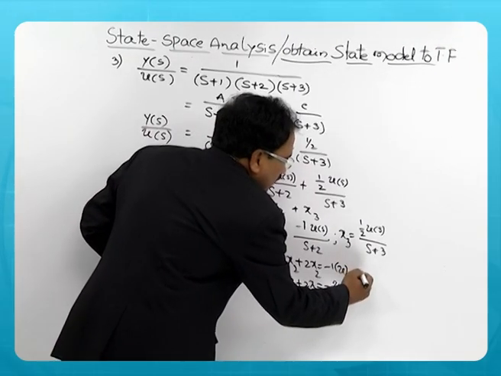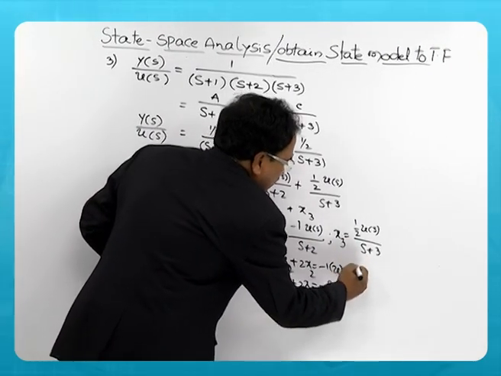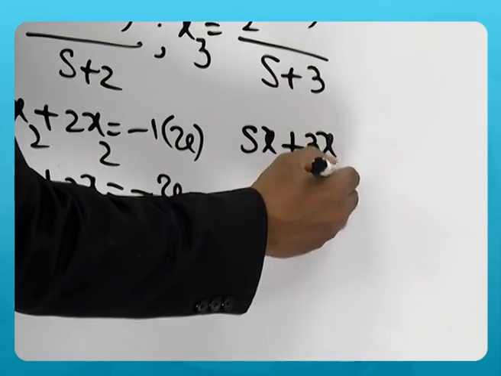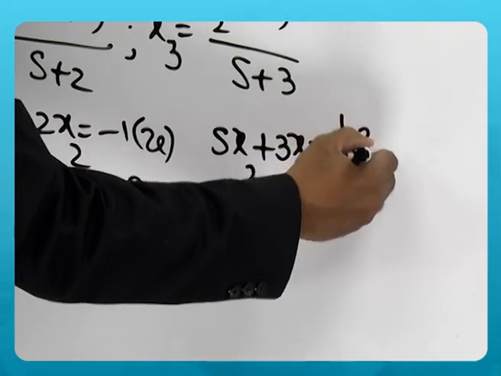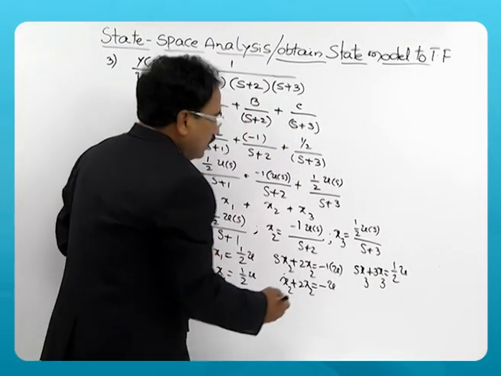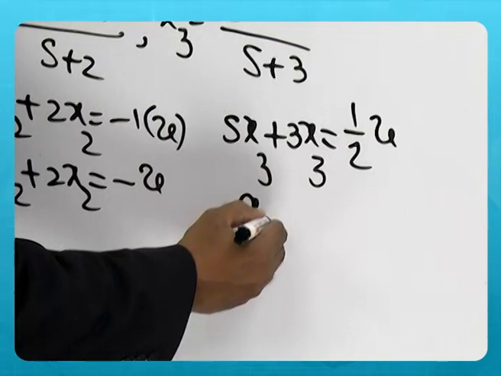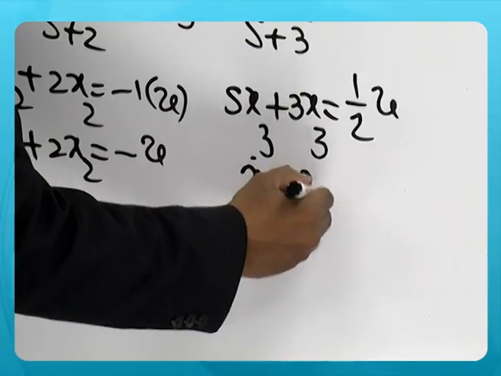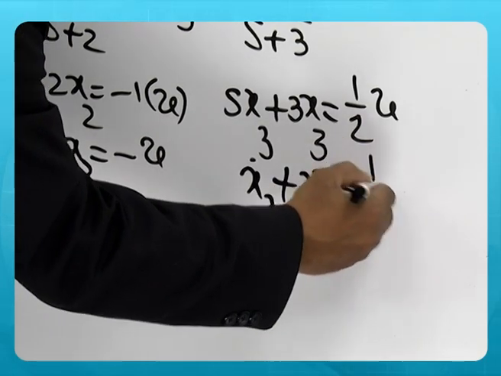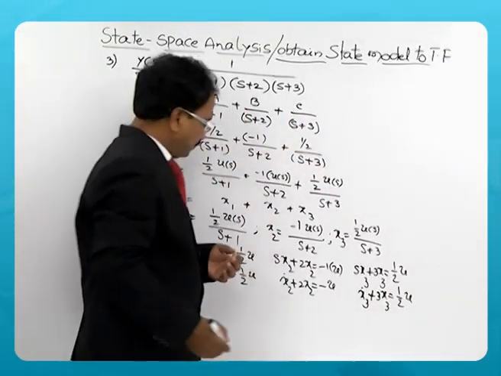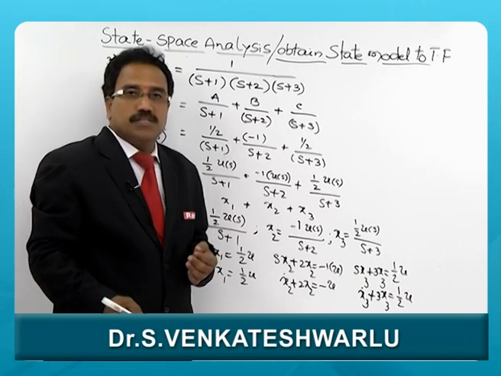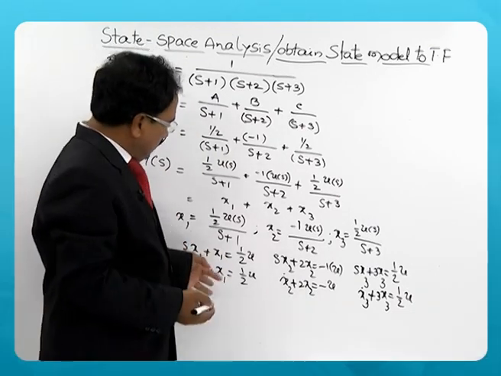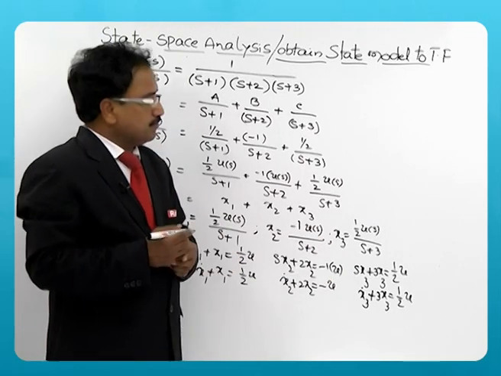Similarly, the third term s into x3 plus 3x3 is equal to half u. So this is again x3 dot, derivative of x3, plus 3x3 is equal to half u. So three equations are being written. Now we need to get the state model for this.